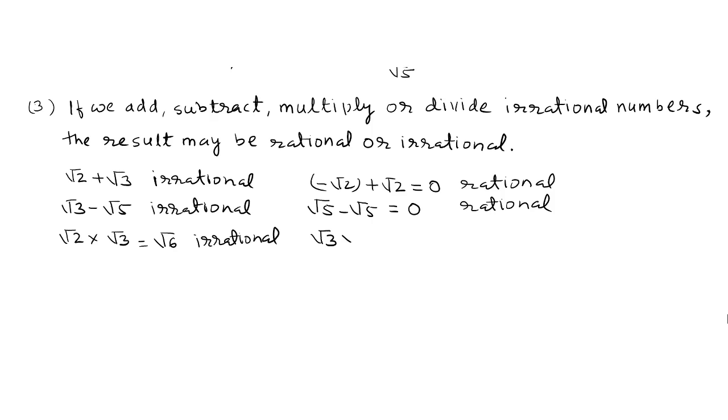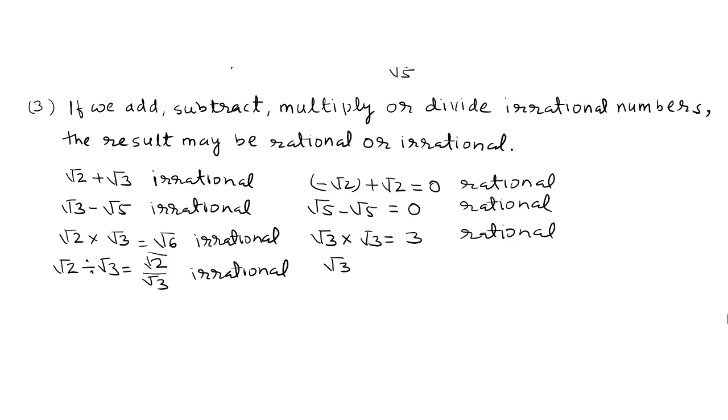Root 3 multiplied by root 3 equal to 3, which is rational. Root 2 divided by root 3 equal to root 2 upon root 3. This is irrational. Root 3 divided by root 3 equal to 1. This is rational.